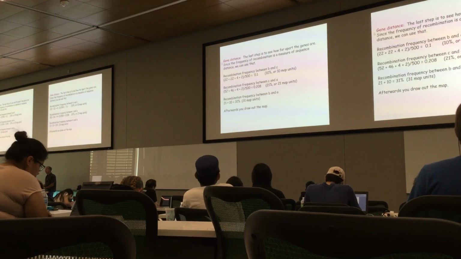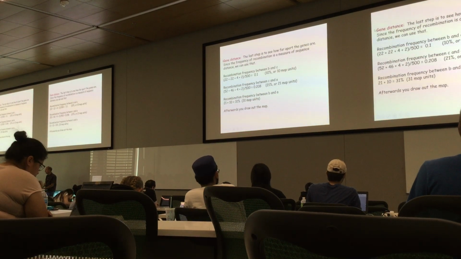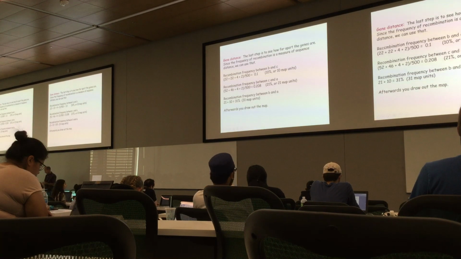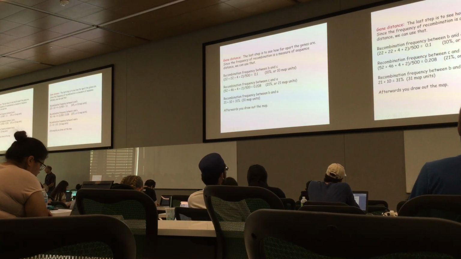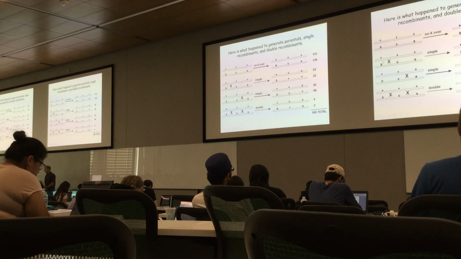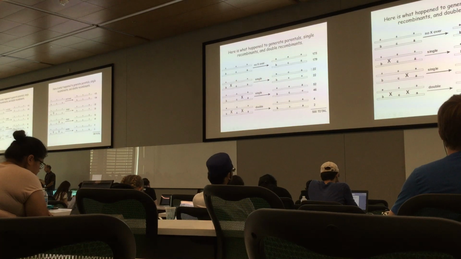Okay, next step is to evaluate the distance between the genes, the gene distance, okay? So we will want to evaluate the number of recombinant progeny that were due to recombination events between, let's say, B and C. And those recombinant progeny are the 22, 22, 4, and 2. So B and C is recombination between the B and C genes here, which gives us one category 22, another category 22.